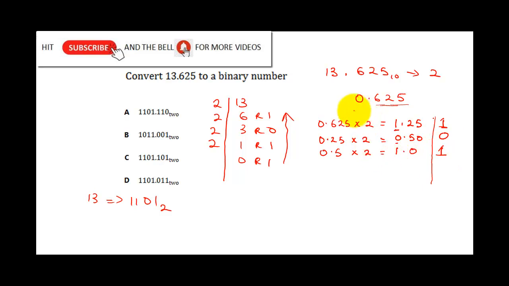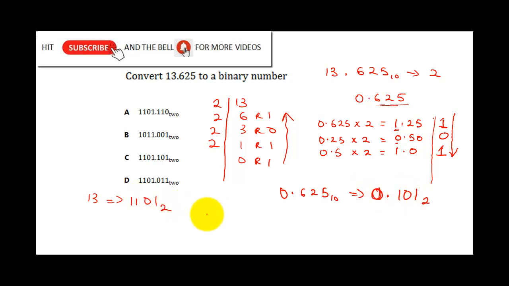Okay? So at this point, having gotten this, we read this from the top to the bottom, unlike when we convert from base 10 to other numbers. So that means 0.625 base 10 is going to give us 0.101 base 2.